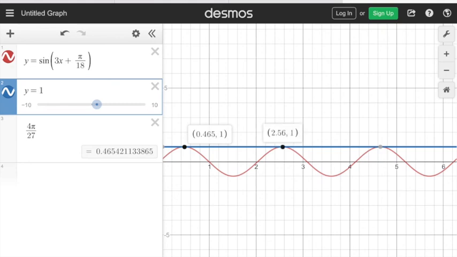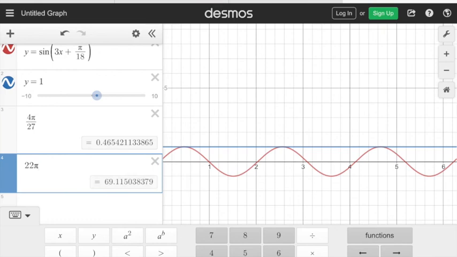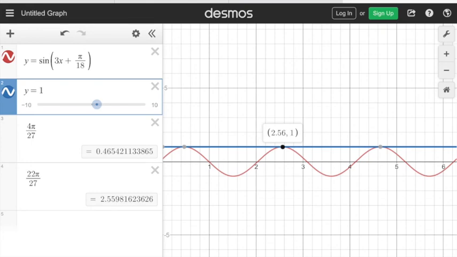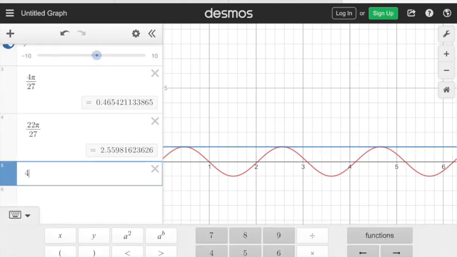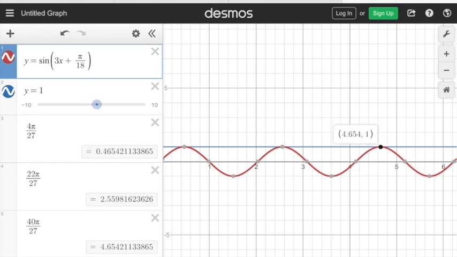And then the second would be at 2.56, which should be the approximation for 22 pi over 27. Sure is. And then I think you'd find 4.654, that's going to be the approximation for 40 pi over 27. Let's just check that. Sure is.